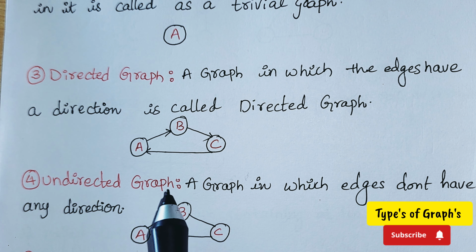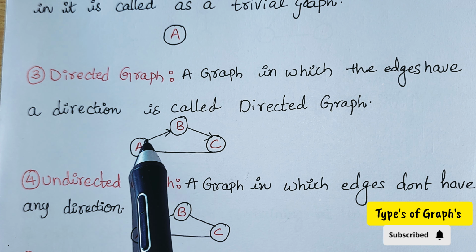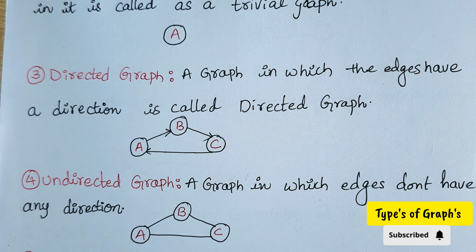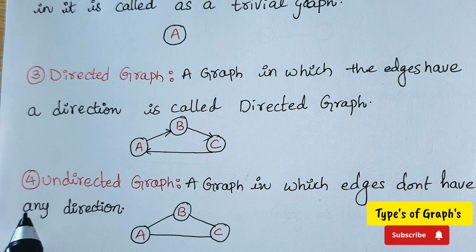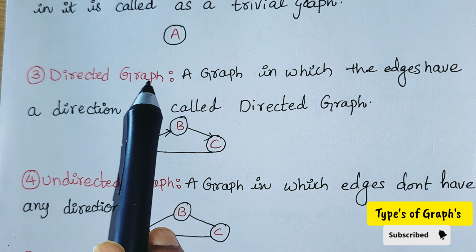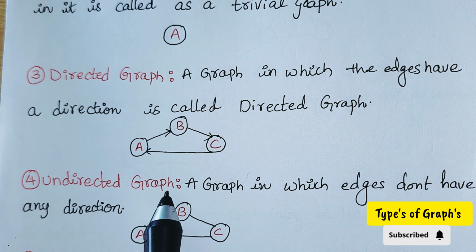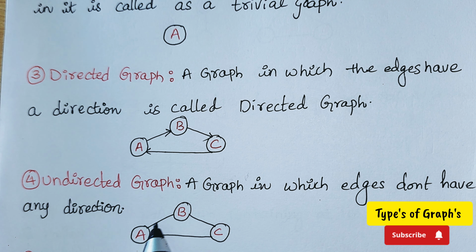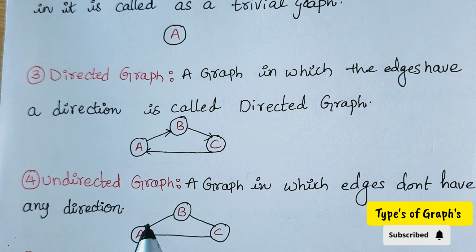Okay friends, if there are directions, we can say this is called a directed graph. The fourth one is undirected graph. A graph in which edges do not have any direction. If you see the difference between directed graph and undirected graph, there are directions between A to B in one, but there is no direction in the other.